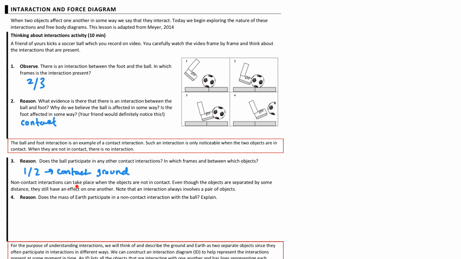Non-contact interactions can take place when the objects are not in contact. Even though the objects are separated by some distance, they still have an effect on one another. Note that the interaction always involves a pair of objects. Does the mass of Earth participate in a non-contact interaction with the ball?